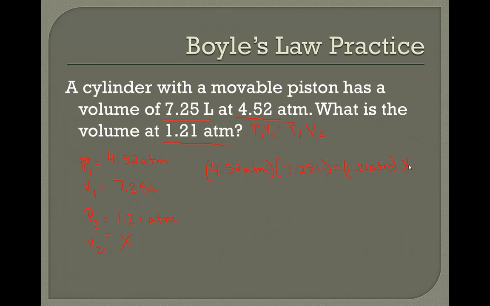So we're going to multiply those to be 32.77 atm liters. I didn't get rid of any of those units. I still have atms and I still have liters. That's why we have to make sure it's in the same unit. Times x. Now we're going to divide both sides by 1.21 atmospheres.